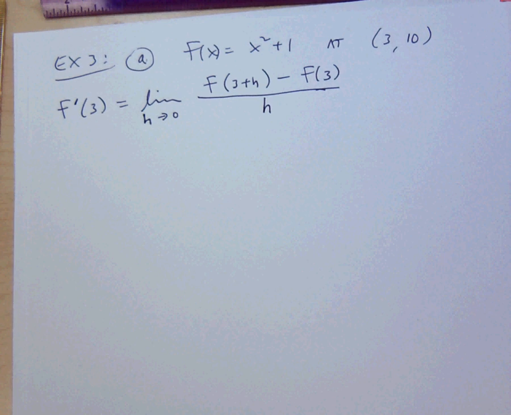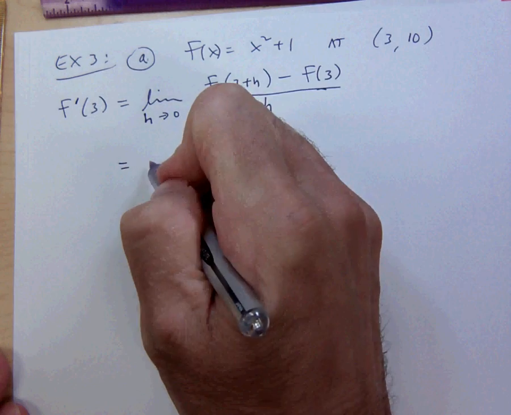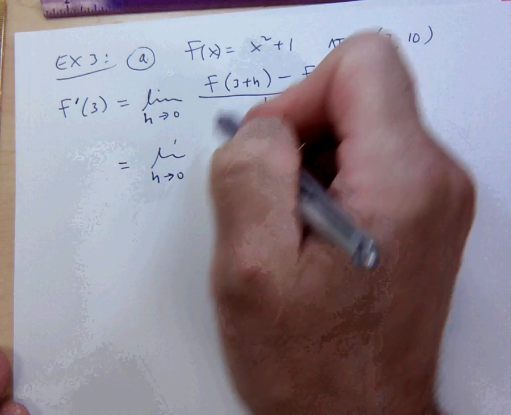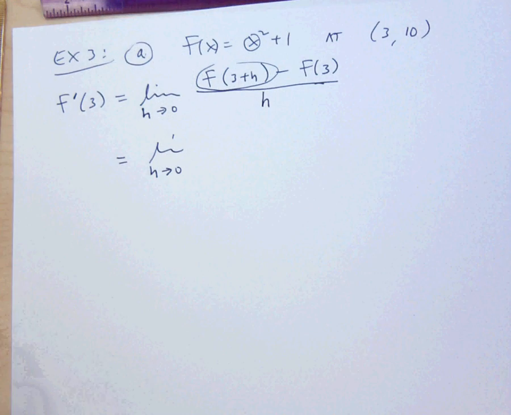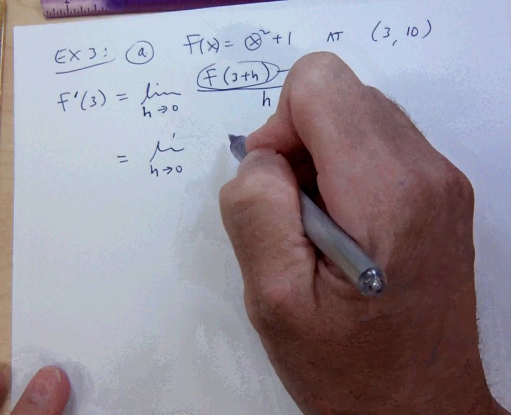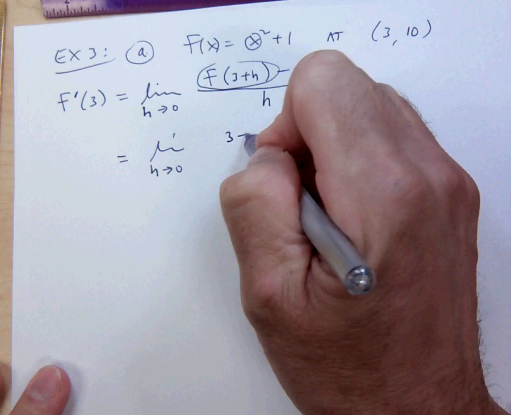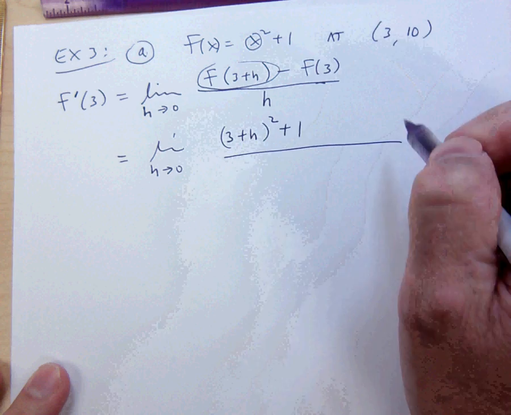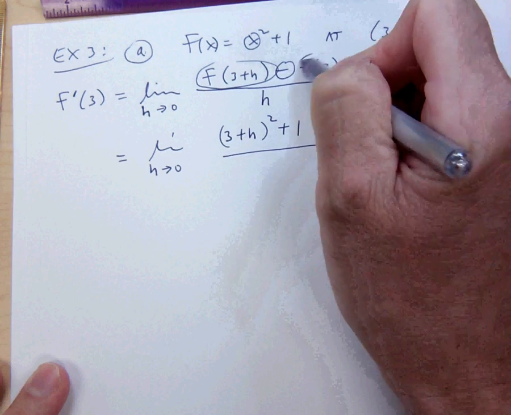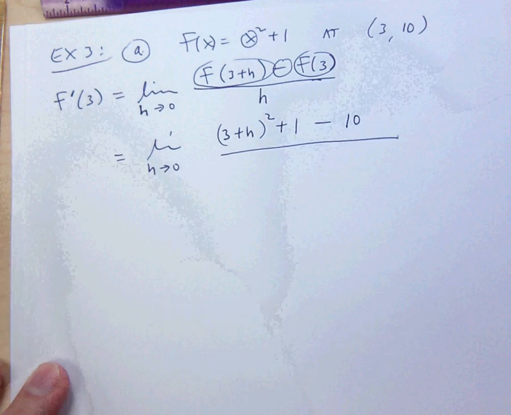All right, and then here we go. Ready, guys? How do I find f of 3 plus h? Well, don't I just plug the 3 plus h right into there for x, right? Okay, and then minus f of 3, which we already figured out was 10 a minute ago, right?